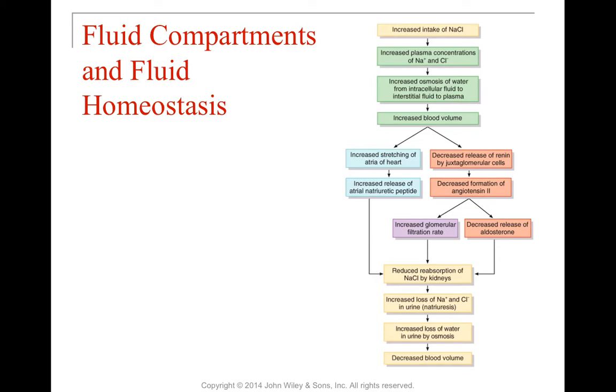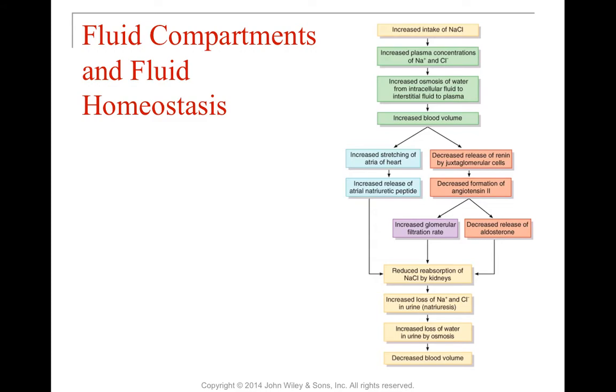Okay, so if we end up bringing in more sodium chloride, that's going to increase the amount of sodium chloride that's found in our blood plasma, which is going to mean that we have increased osmosis of water. In which direction? From the intracellular fluid into the interstitial fluid into the plasma. So we are pulling water across into the plasma because we've increased the sodium in the plasma, which means, again, the water follows.